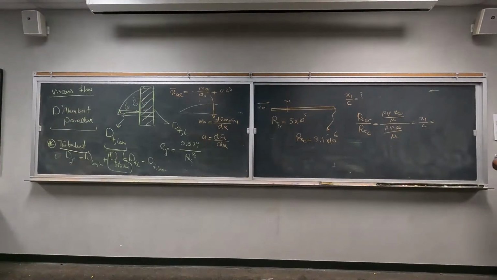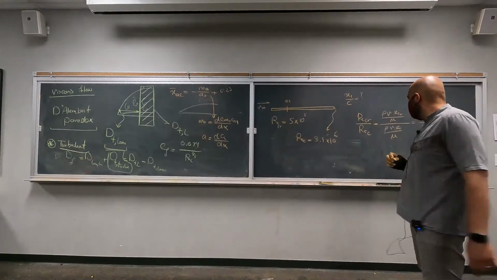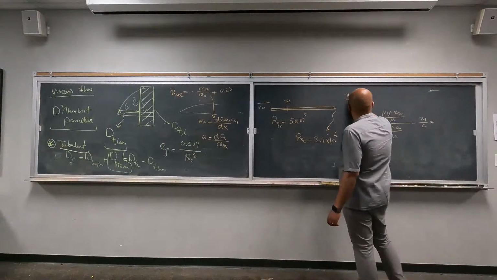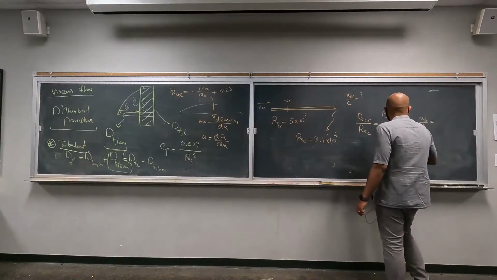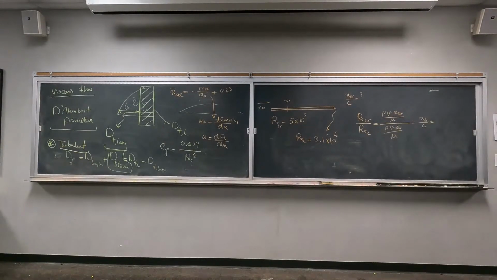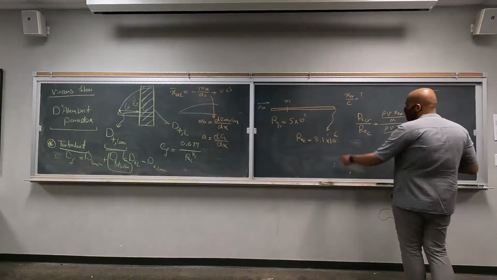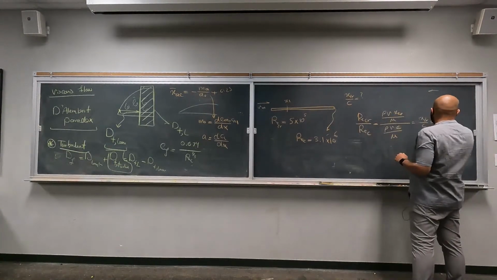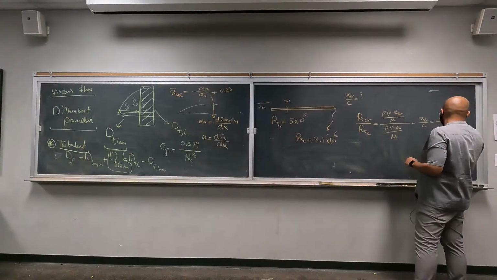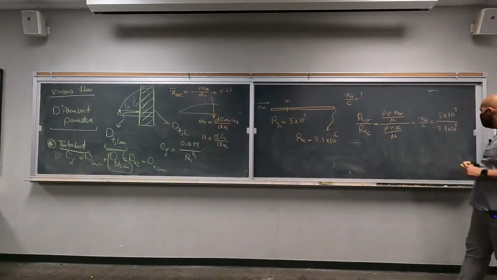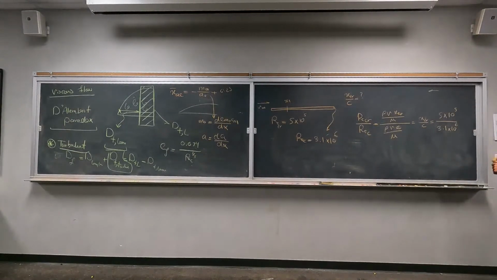We have the two Reynolds numbers. We can find x critical. We are not given the coordinate. Do we need to have the coordinate? We'll see. Okay, so what is this value? 5 times 10 to the power 5 divided by 3.1 times 10 to the power 6. 5 divided by 31. Can you calculate this for me?